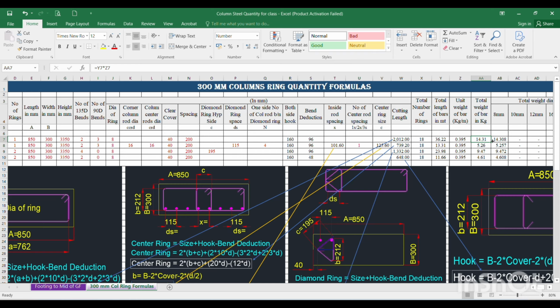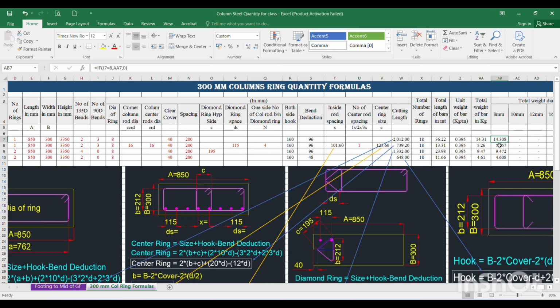Then after getting the total weight of the bar, we need to separate it dia-wise. For that we are using the if condition formula. If this dia 8 mm is matched, multiplied by this total weight, or else 0. That formula we have fitted over here. I have explained this in the beginning.